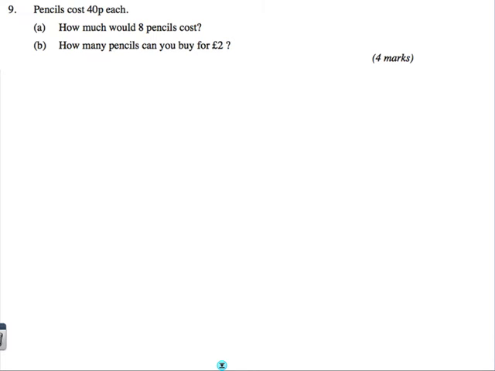Question 9. Pencils cost 40 pence each. How much would 8 pencils cost? Well, we have 40 pence and we want 8 lots of them. Now, 4 times 8 is 32.